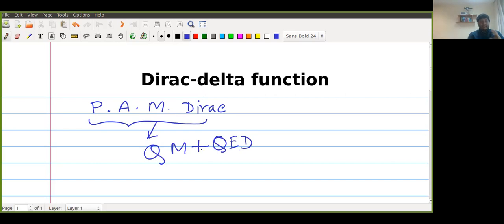And he is known for the very famous Dirac equation in quantum mechanics or in quantum field theory. This is the equation for fermions, basically.